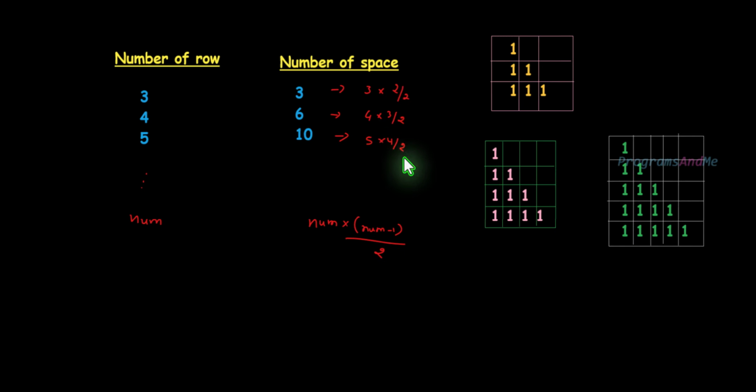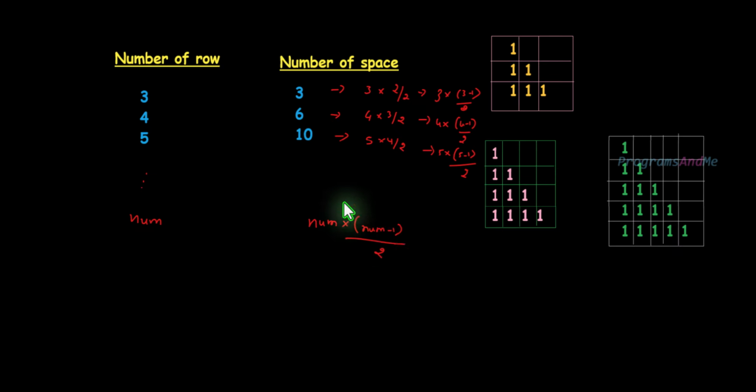You can write it as 3 into 3 minus 1 divided by 2. Here also same, 4 into 4 minus 1 divided by 2. Here also 5 into 5 minus 1 divided by 2. So in general, you can write like this: num into num minus 1 divided by 2.